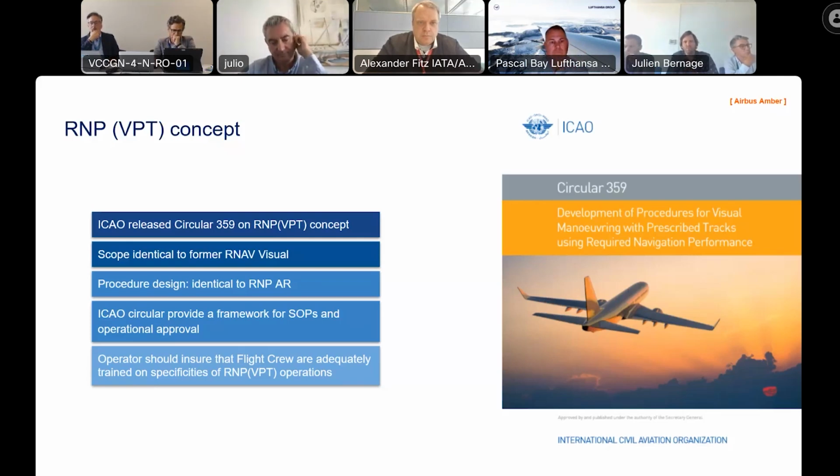As has been introduced, it's an RNP AR-like procedure design. And ICAO, with this circular, provides a framework that can be very useful for us at Airbus to provide harmonized SOPs for this operation. It also provides some information regarding the training and the specification of RNP VPT operations.